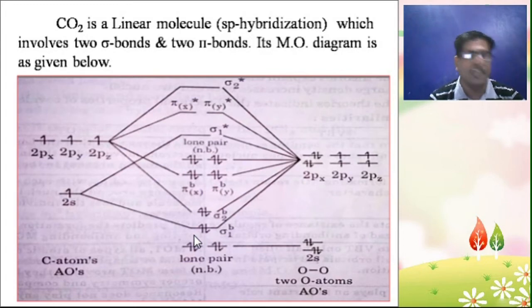Therefore, the increase in nuclear charge decreases the energy of the atomic orbitals, so the atomic orbitals of the oxygen atom lie lower than those of the carbon atom. So in its MO diagram, we can see this type of arrangement.